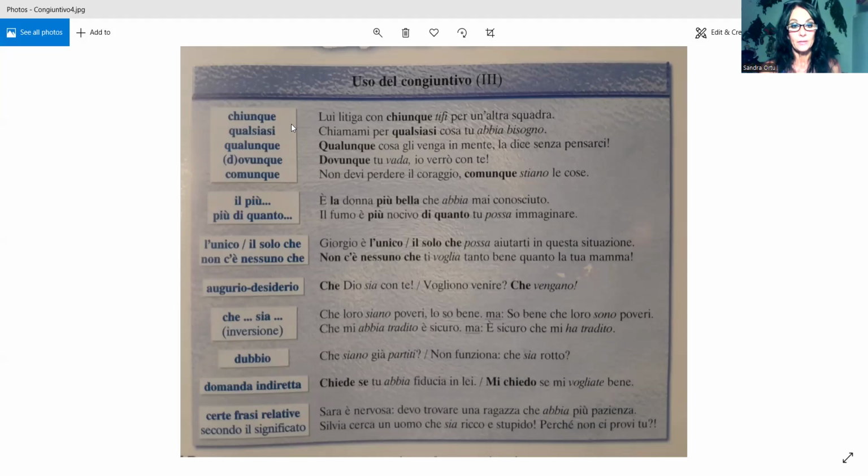Let's see the translation of a few of these ones.